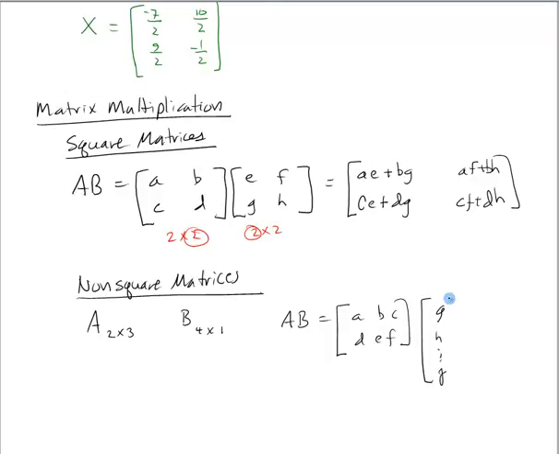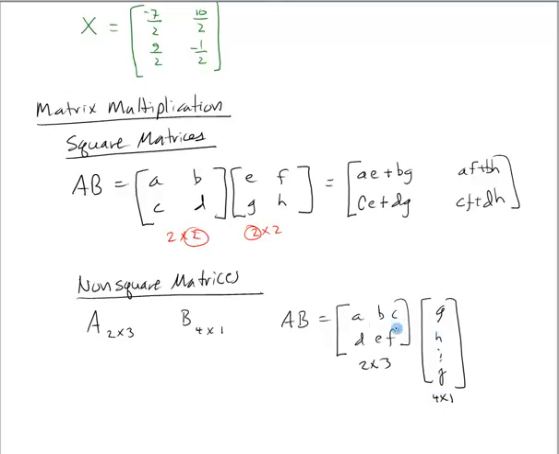If we go through that same process, we'll take A times G plus B times H plus C times I. But notice we run out of values here. This was dimension 2 by 3, and this was 4 by 1. So the only way this could work is if the number of columns is equal to the number of rows of the second matrix.